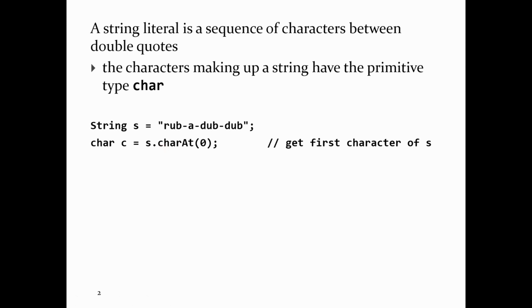The method you want is charAt, and that takes an index. The smallest possible value is 0. The largest possible value is the length of that string minus 1. The type of each individual letter in a string is char, with a little c. So it's primitive.